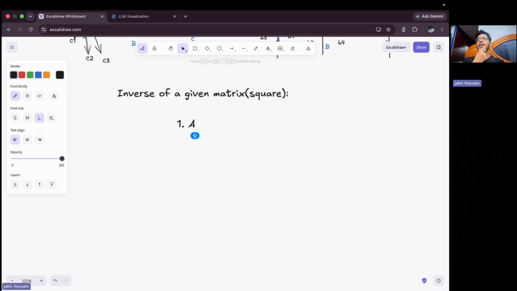I want you guys to imagine that we have a matrix, and let us assume that it is a square matrix, 3 cross 3. When I say 3 cross 3, there are 3 elements in a column, 3 elements in a given row, and there are 3 columns and 3 rows.